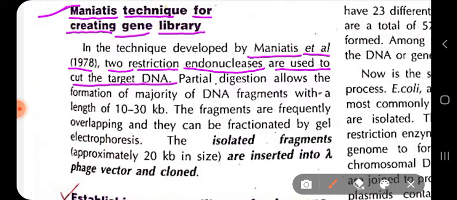And obviously he did partial digestion to create a combination of different DNA fragments, and out of many combinations there may be one which contains our target DNA fully intact, and it allows the formation of the majority of DNA fragments with a length of 10 to 30 kb.